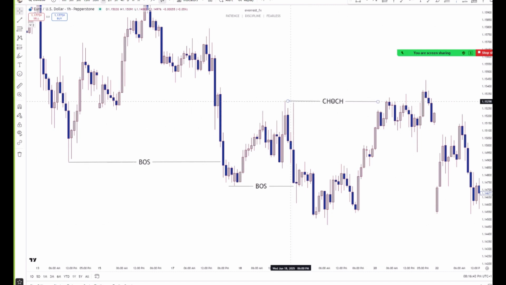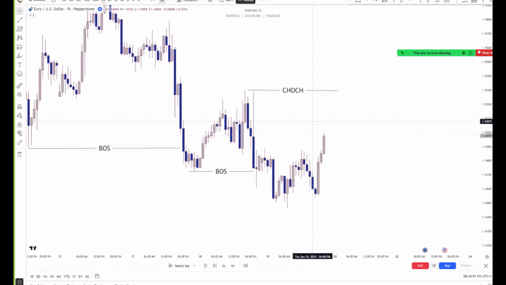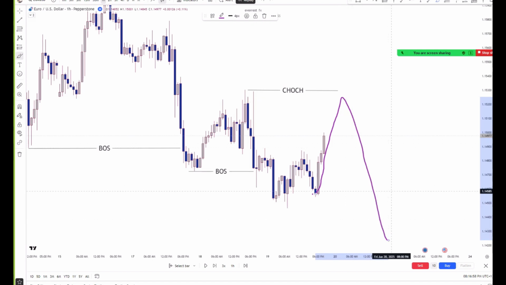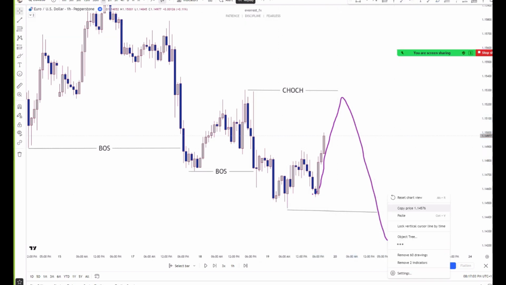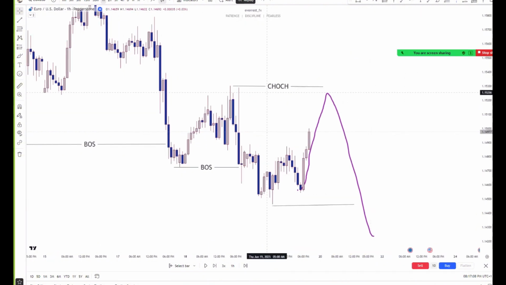At the second point, this high is protected. So we're expecting price to do something like this and continue breaking structure, so that we can mark this place as a break of structure. But eventually price didn't respect this place to continue the structure to the downside.